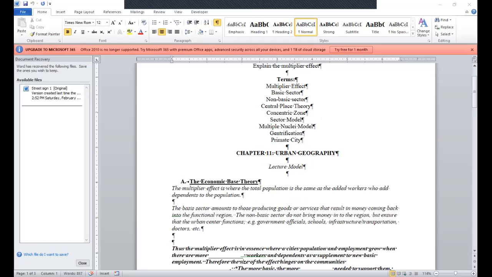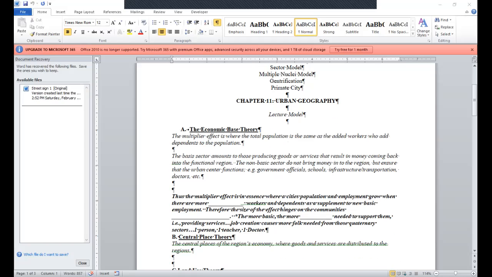The economic base theory. The multiplier effect is where the total population is the same as the added workers who add dependents to the population. Break that down. You have your basic sector, those producing goods or services that result in money coming back into the functional region.